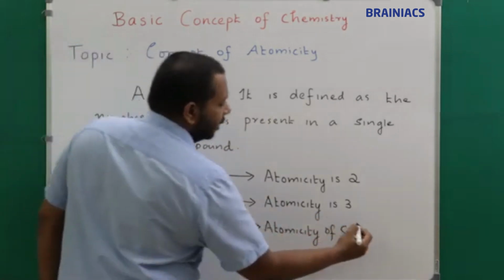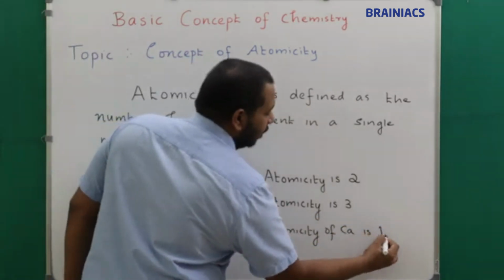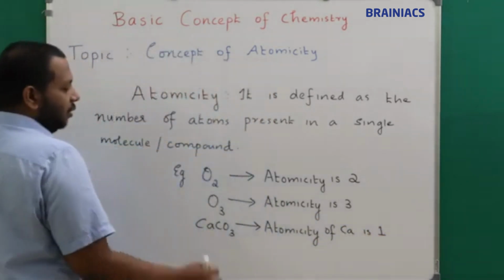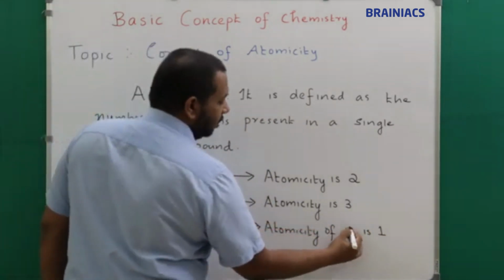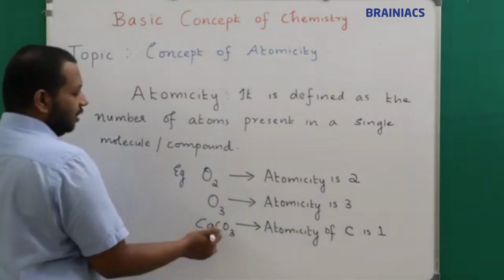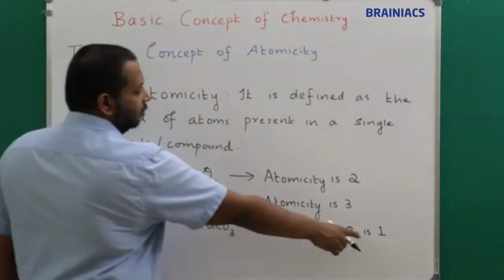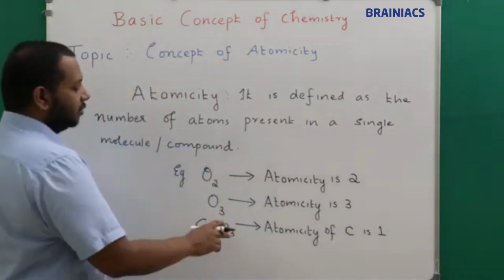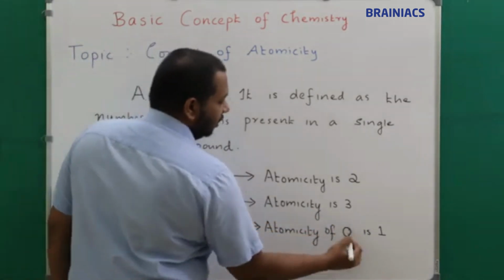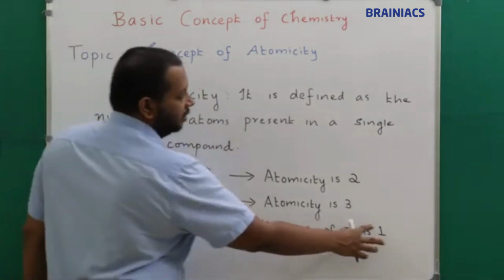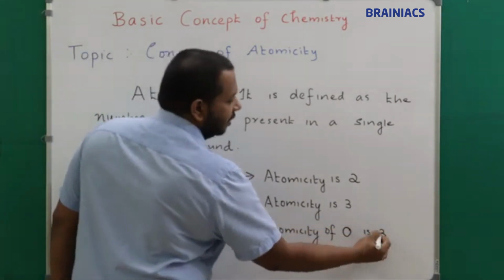Only one, so it is 1. If they ask for carbon in the exam, there is only 1, so the answer is 1. Suppose they ask for oxygen in calcium carbonate, then its atomicity will be 3.